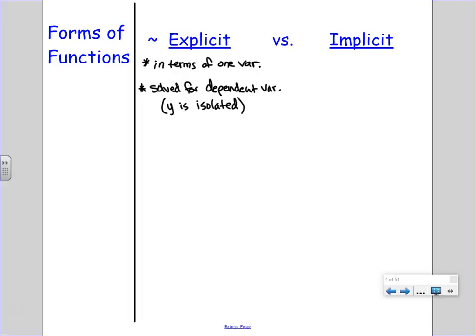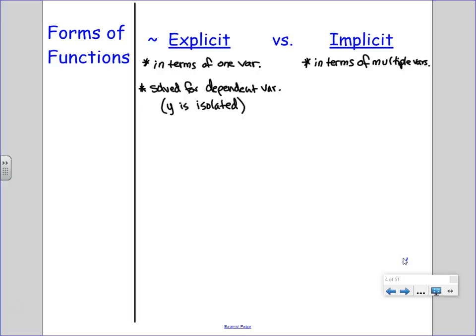But we saw that y isn't the only thing that could be by itself. V could be by itself for velocity. S could be by itself for position. So I'm just trying to say, whoever the dependent one is for a problem is solved for, is isolated. Implicit, the equation is going to look in terms of multiple bars. So you're going to have x's and y's together.